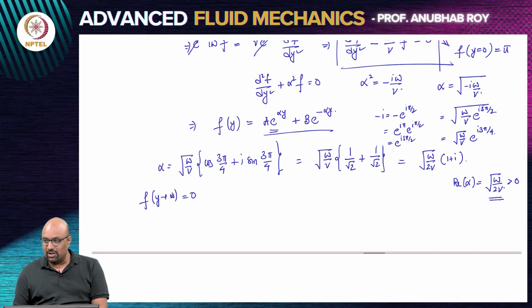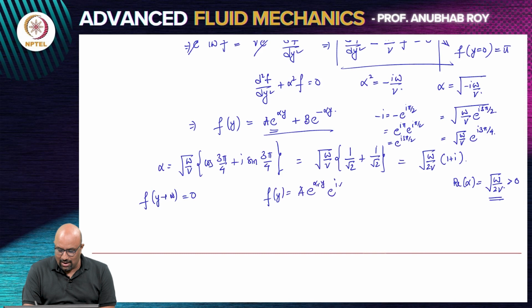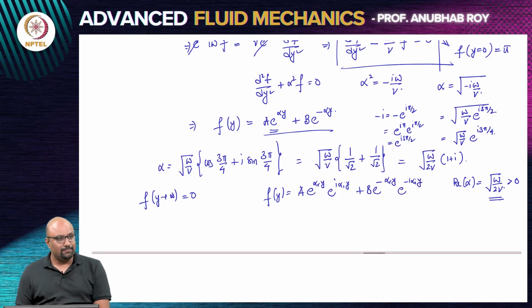The first exponential is e to the power alpha y, and the real part, so you can write this as f of y as a e to the power alpha real y e to the power i alpha imaginary y plus b e to the power minus alpha real y e to the power minus alpha imaginary i y.